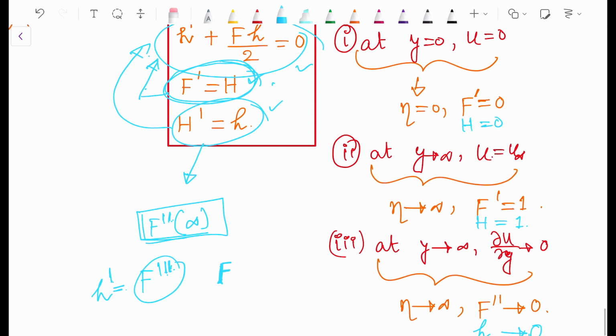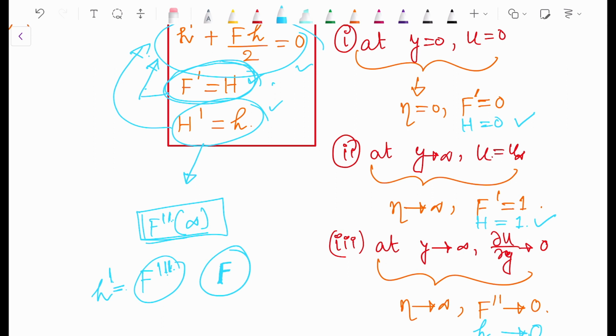Two boundary conditions, maybe h equal to 1 and h equal to 0. So I am repeating once again: I will guess a form of f, and then I will solve all these three equations.